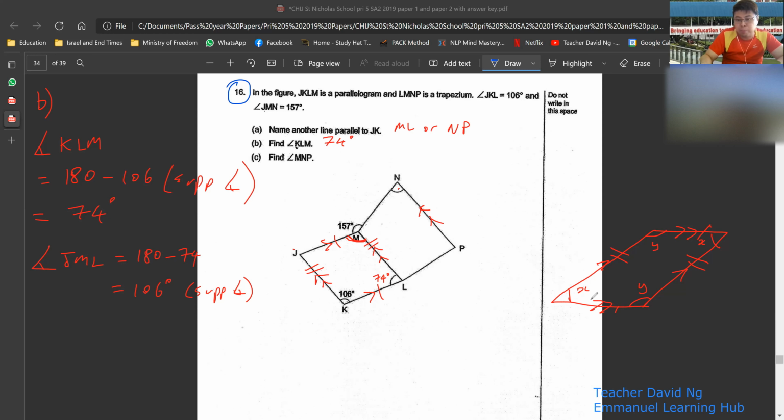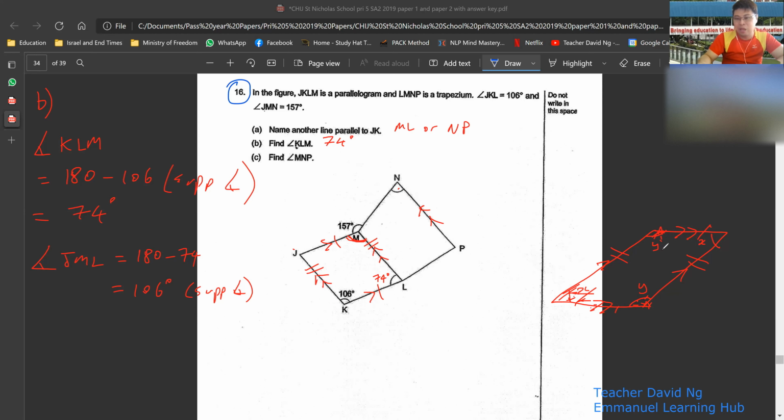The concept is x plus y is 180. Therefore, they must be the same, right? Concept of supplementary angles, x plus y is 180. So these two must be y, right?